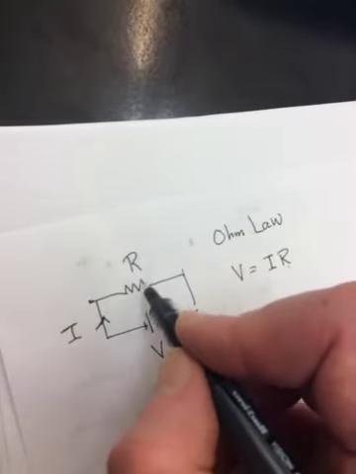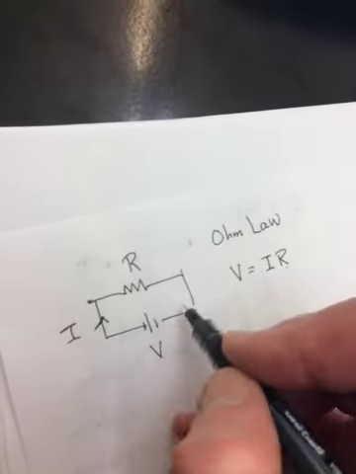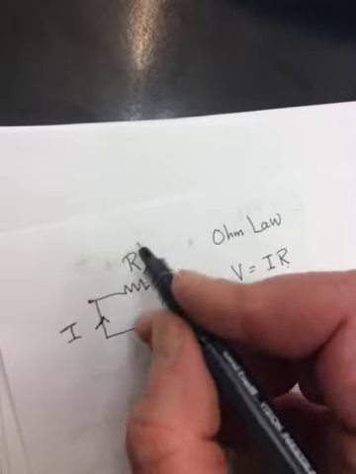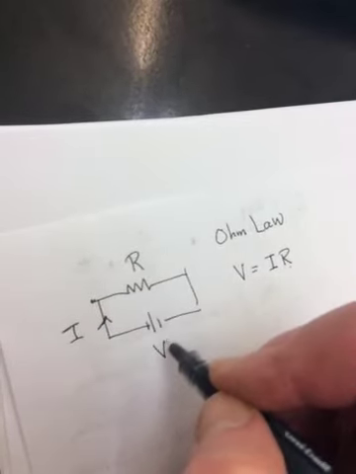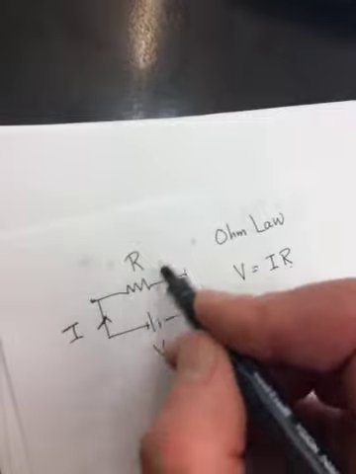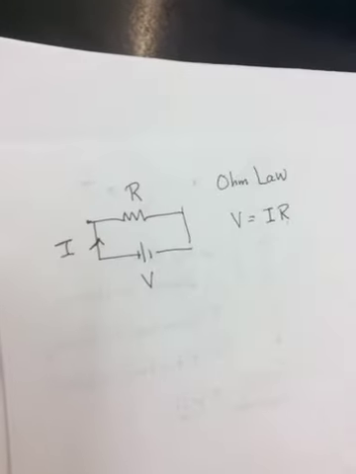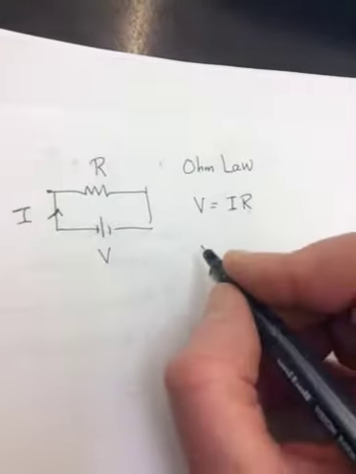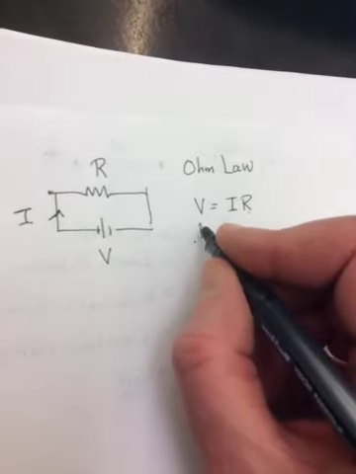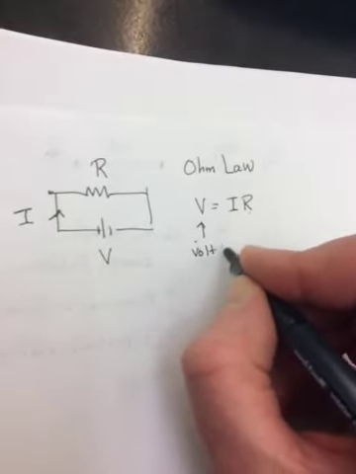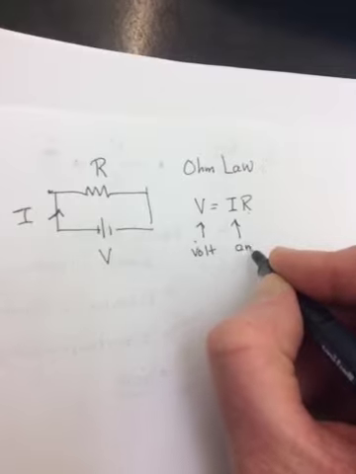So if I have a light bulb here, it will have a lot more current flowing through it than a microwave oven at a given voltage, because there'd be more resistance in a microwave oven. Okay? Voltage is measured in volts, and current is measured in amps.